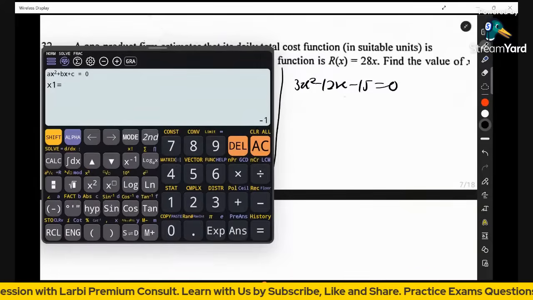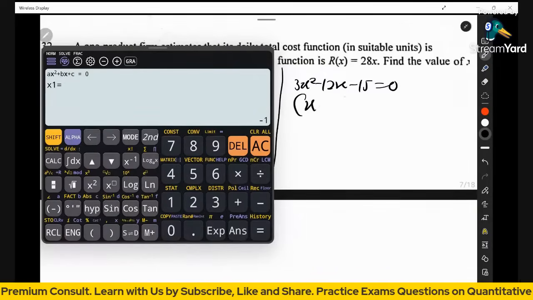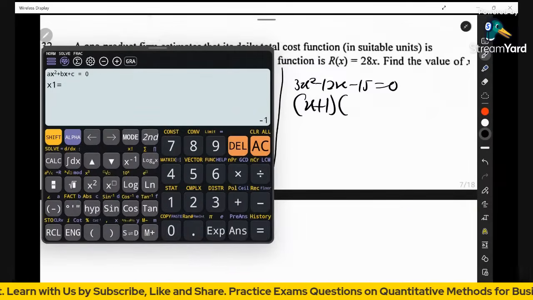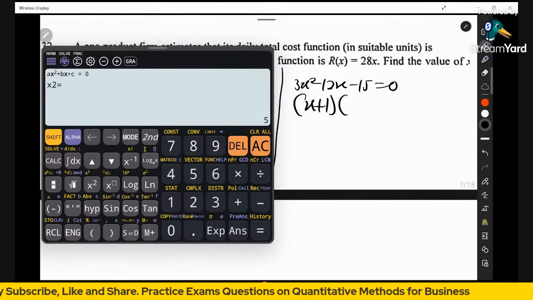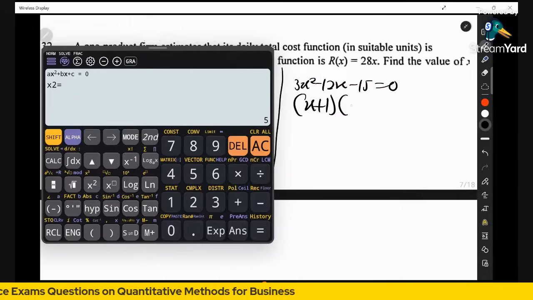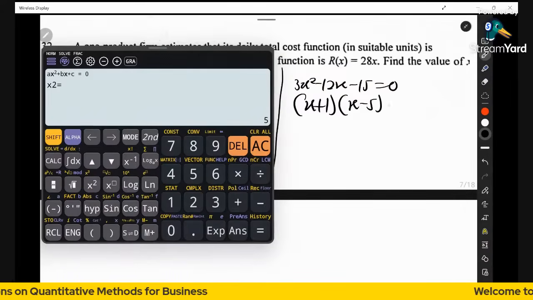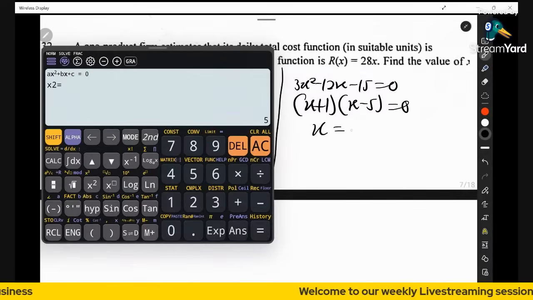So that means when I reverse it, it becomes s plus 1 in brackets. Then here too, I have s equal to 5. So when I reverse it, it becomes s minus 5, and that should be equal to 0. So therefore, we have s equal to negative 1 or positive 5.